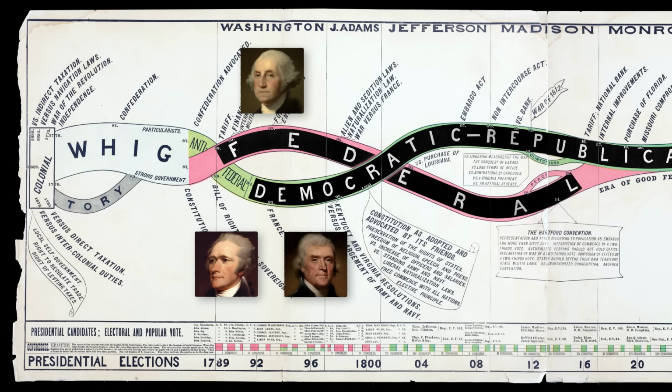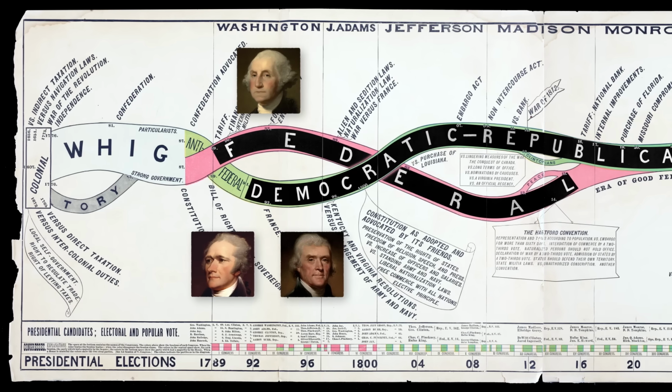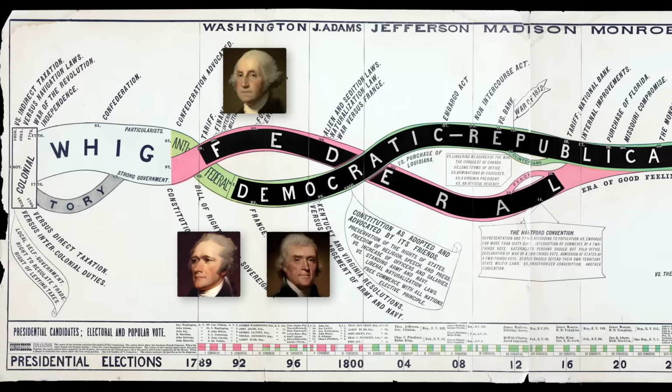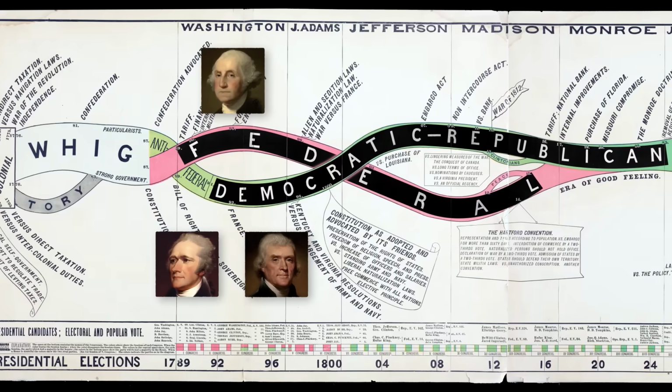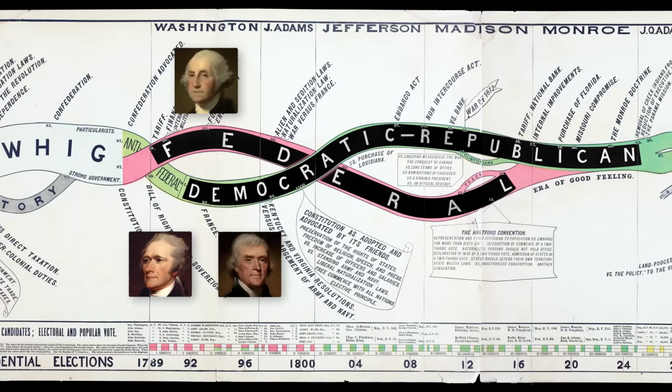The reason why historians now call them Democratic Republicans is to distinguish them from the current Republicans, who are not directly related.